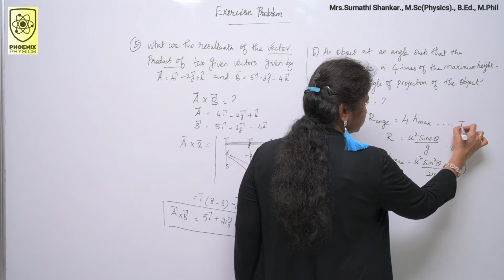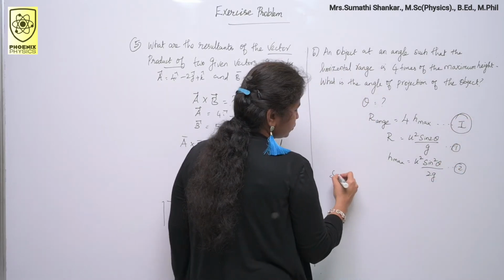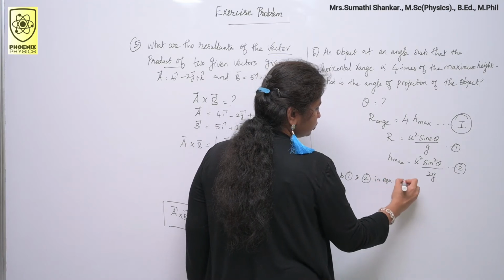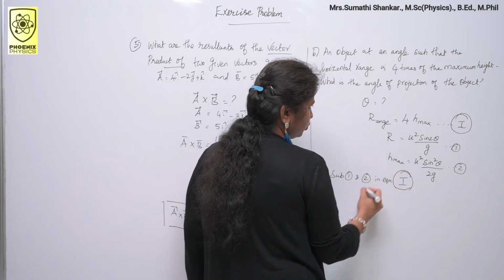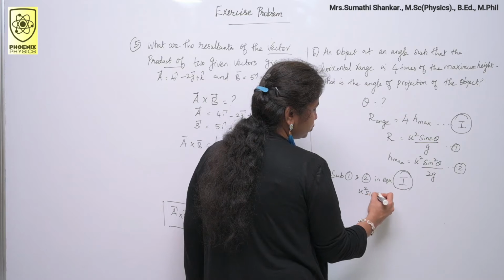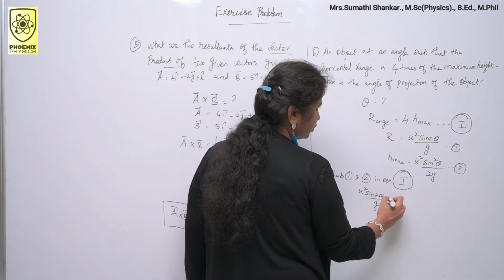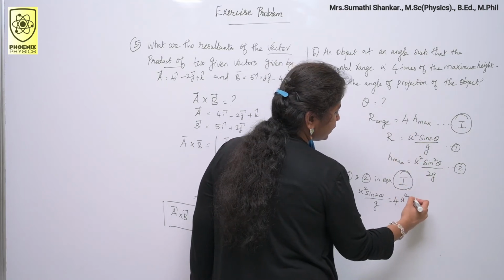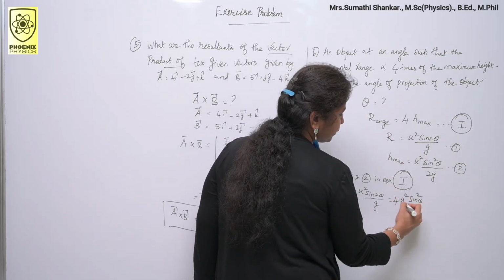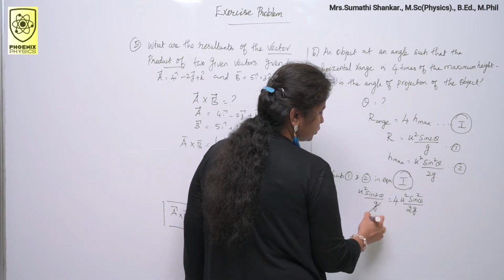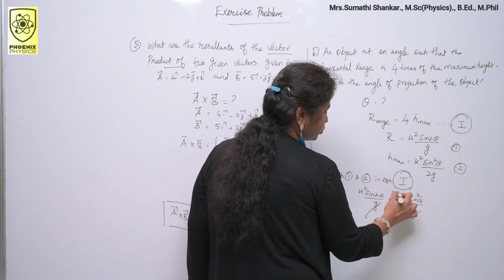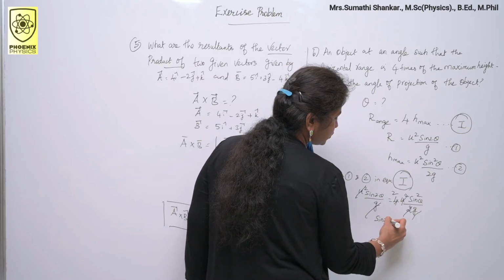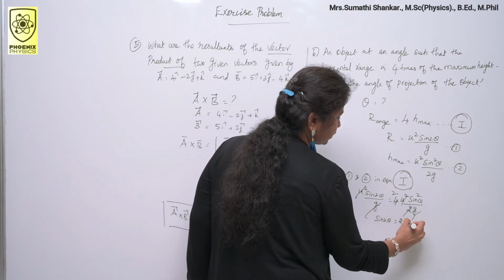Substitute 2 in equation 1. So, U square sine 2 theta divided by G is equal to 4 times H max. H max formula is U square sine square theta divided by 2G. Cancel this G, cancel this 2, cancel this U square, remaining is sine 2 theta is equal to 2 sine square theta.